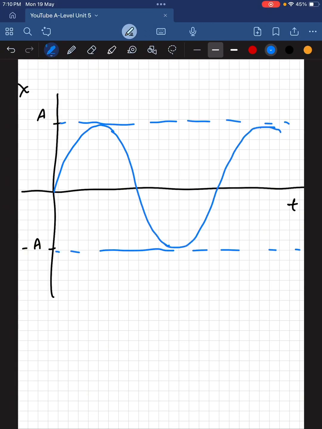It's before damping. If we introduce damping, let's use green. If we introduce damping, we will observe something that looks like this, maybe. Okay, so the frequency will be about the same, as you can see.